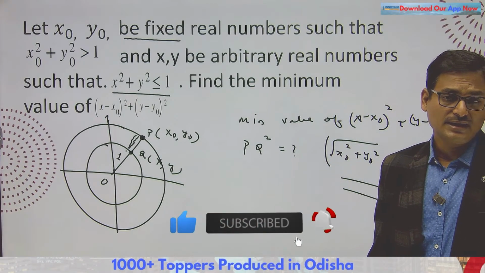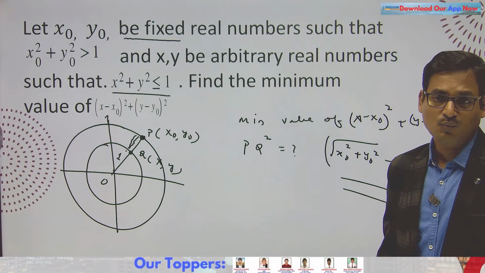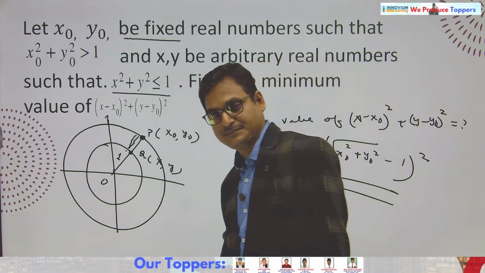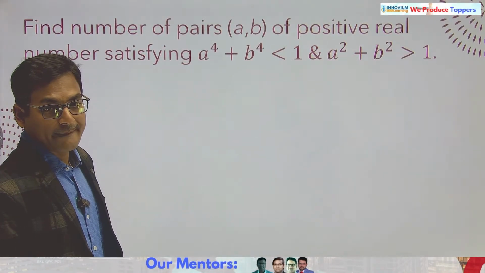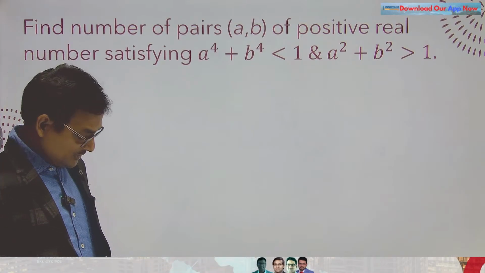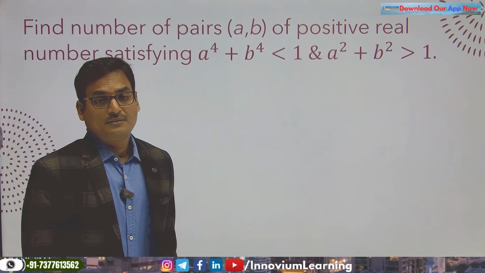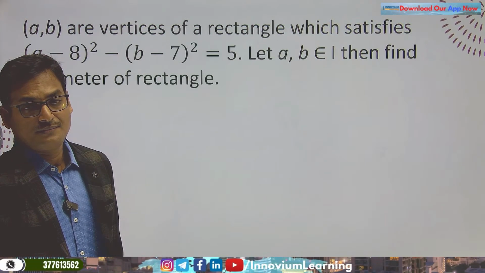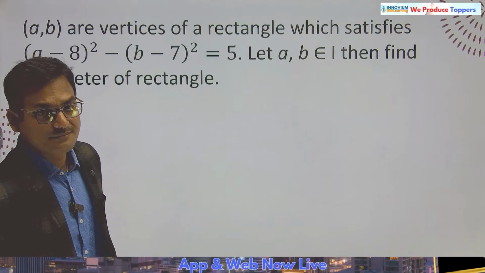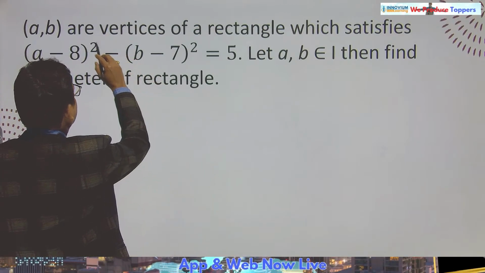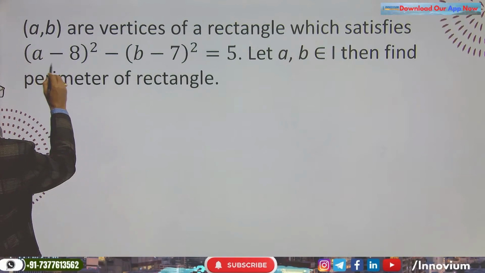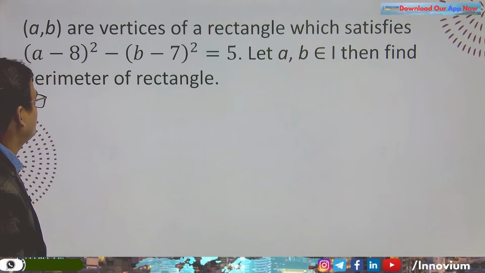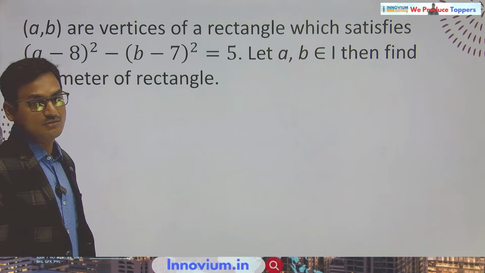Now we can go to one more question. Good question. See, A and B are vertices of a rectangle which satisfy this relation given: (A minus 8) whole square minus (B minus 7) whole square equal to 5.